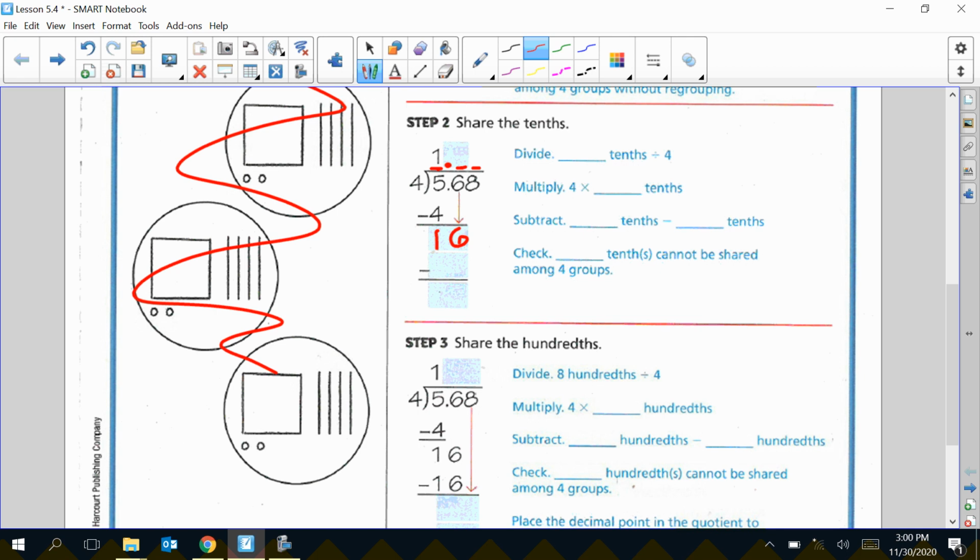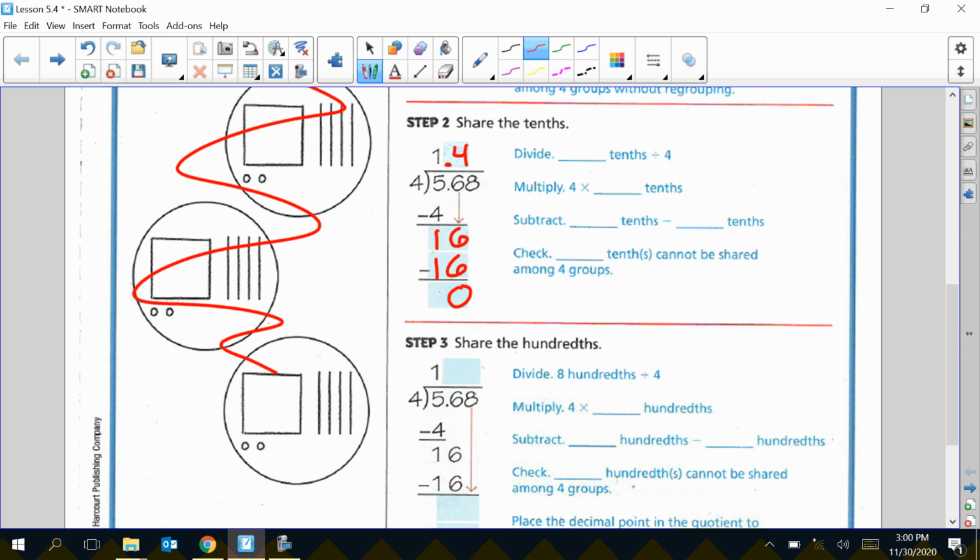So as we continue to divide, 4 goes into 16 4 times. 4 times 4 is 16. 16 minus 16 is 0.